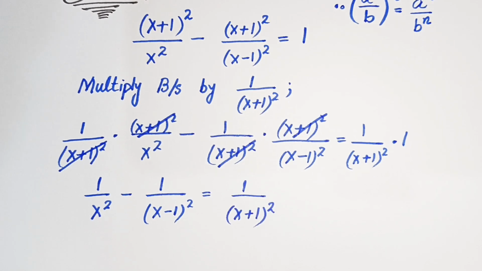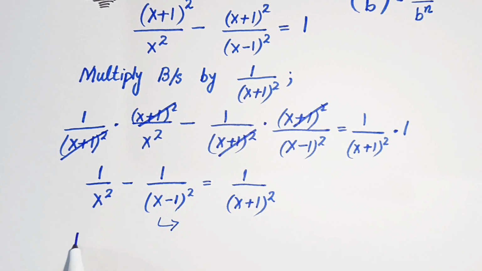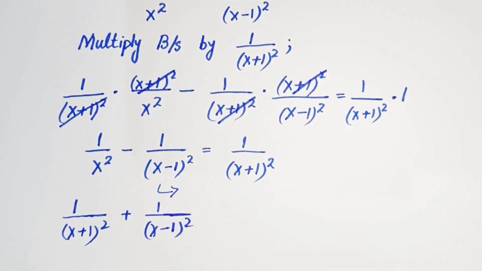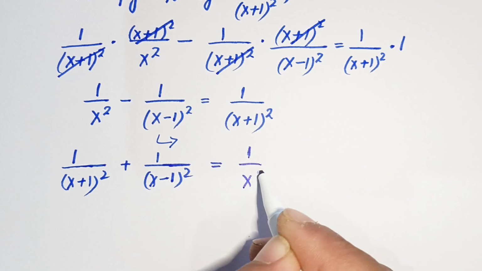Now if we shift this expression to our right hand side, we get 1 over (x + 1) whole squared plus 1 over (x − 1) whole squared is equal to 1 over x squared.